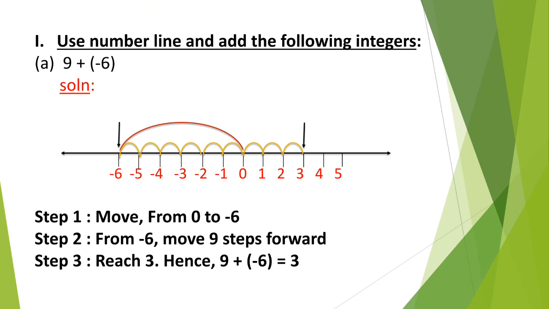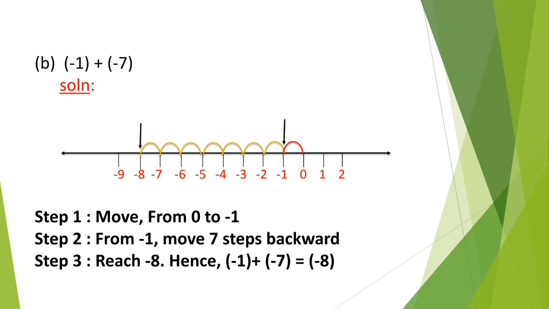Here first we took a negative number, minus 6, then came 9 steps forward. Here 0 to minus 1. After that, we have one more negative integer, so again we come backward 7 steps and reach minus 8.